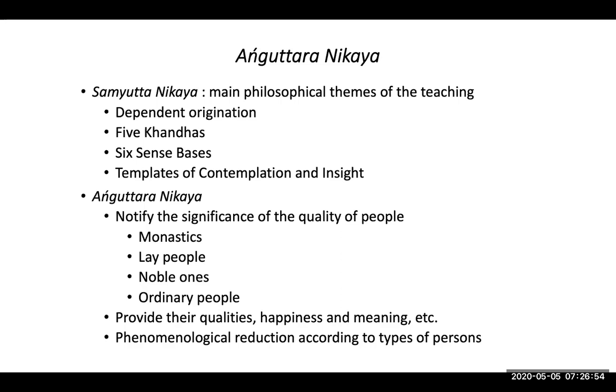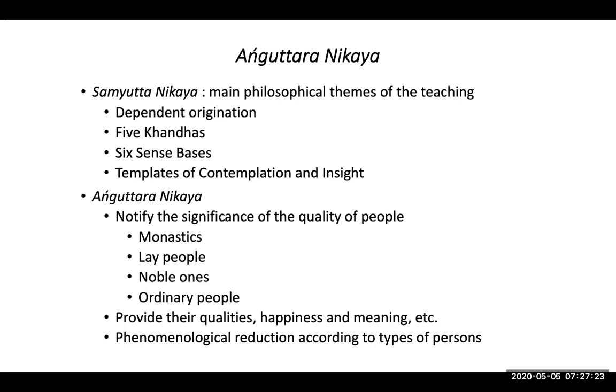On the contrary, the Anguttara Nikaya abounds in different ways of classifying people, both monastic and lay, noble ones and ordinary people, and it gives primacy to their qualities, their struggles for happiness and meaning, their aspiration and attainment.